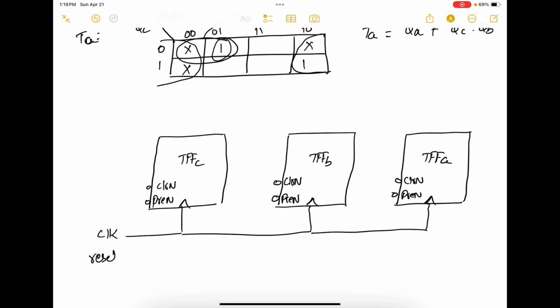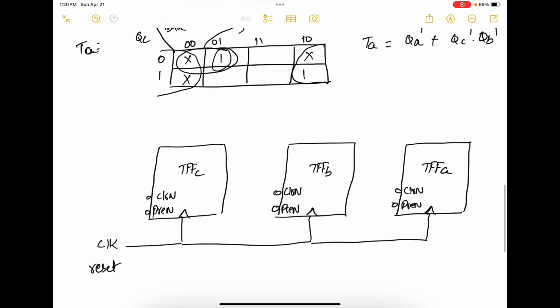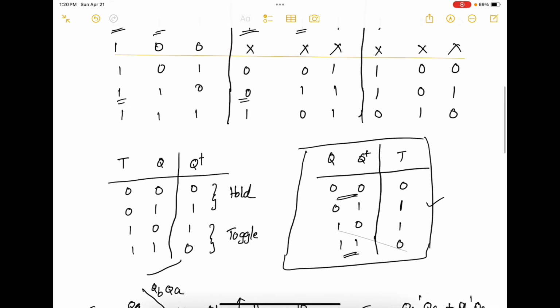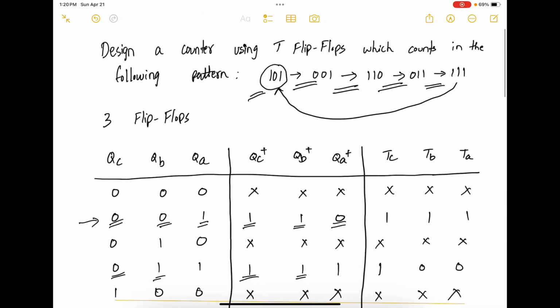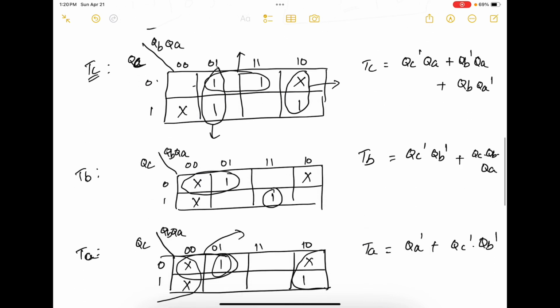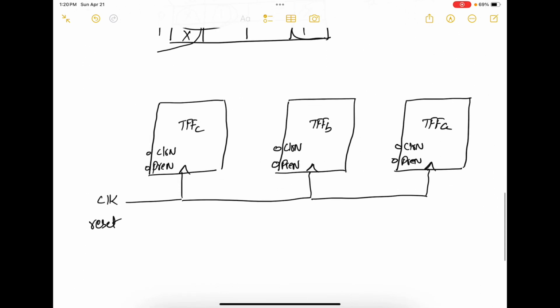You have a reset. Remember, it's an active low reset. So your initial state is 101. So basically, your flip-flop C should be initialized with 1 or reset to 1. Flip-flop B is reset to 0 and flip-flop A is reset to 1. So it's a 101 reset. So when it's a 101, pre-N should be 0.